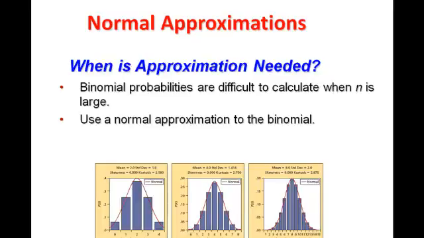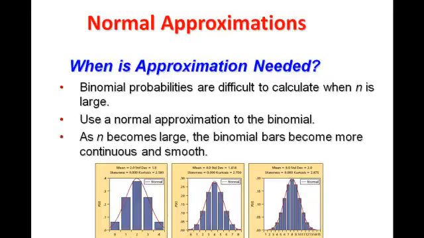There's a definite number of trials, and the probability doesn't change from one trial to the next trial. They're independent events. And so there are occasions where you will be asked, or it is required, or you should know when you have to use the normal approximation to actually calculate a binomial probability.